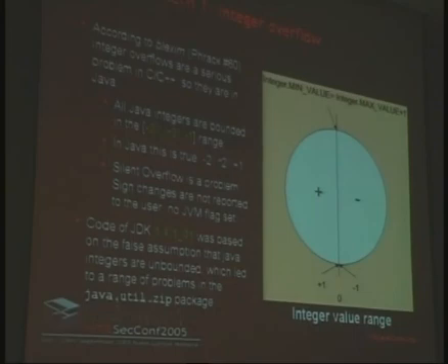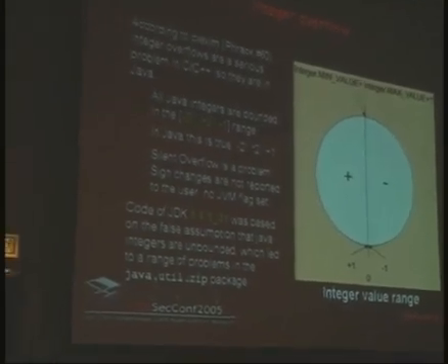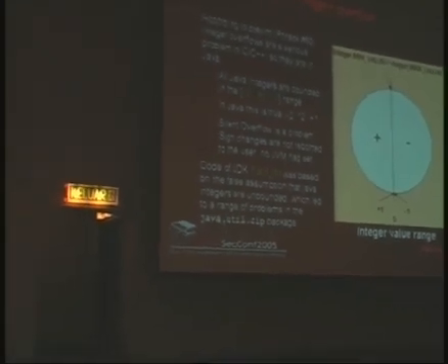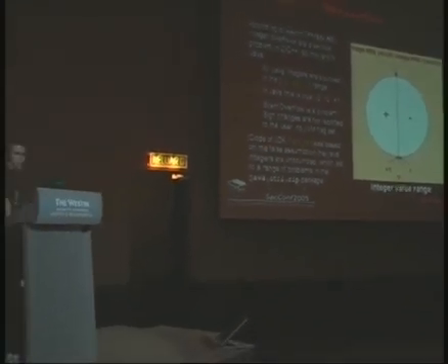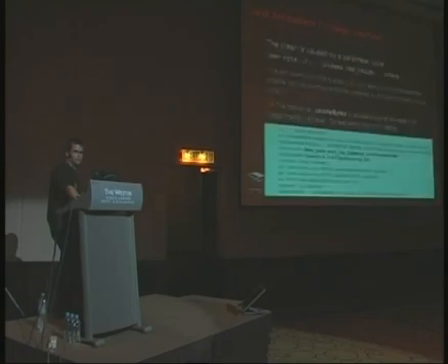The code of JDK 14101 was based on the false assumption that Java integers are unbounded, which led to a range problem or integer overflow problem in the java.util.zip package.